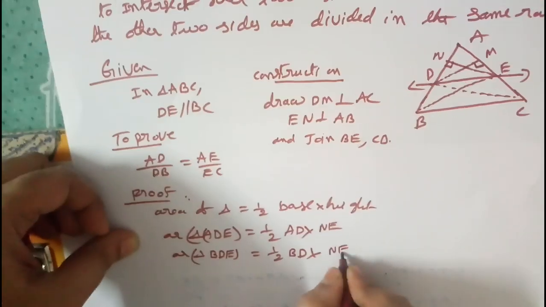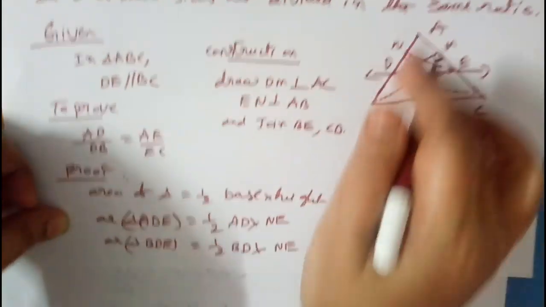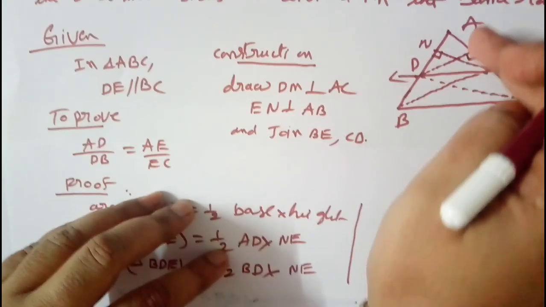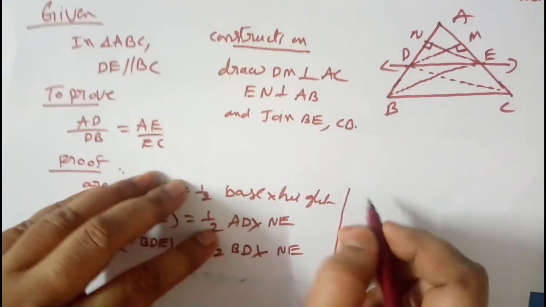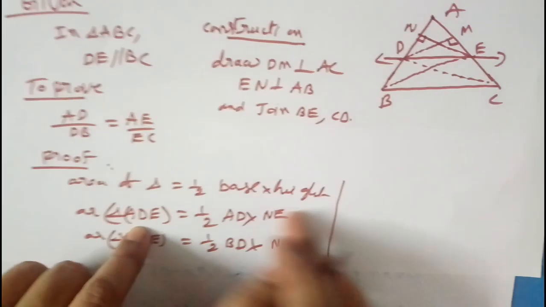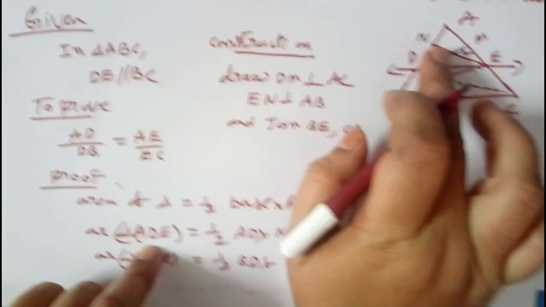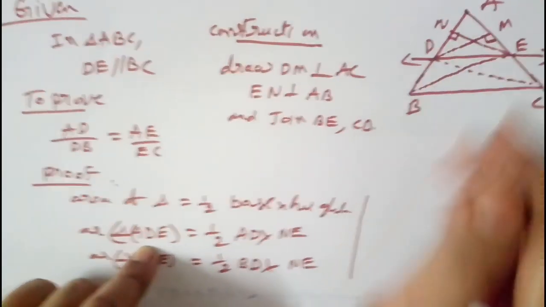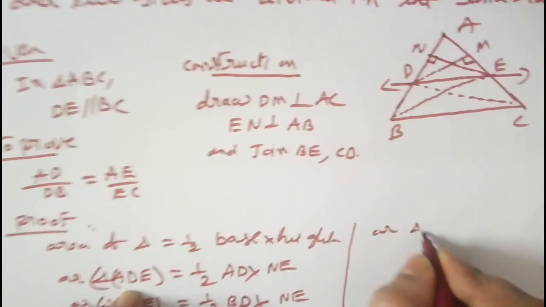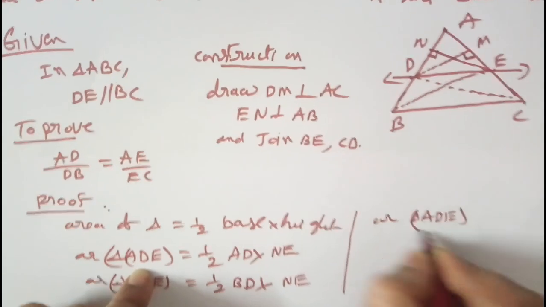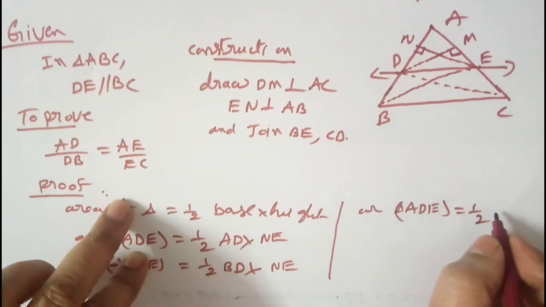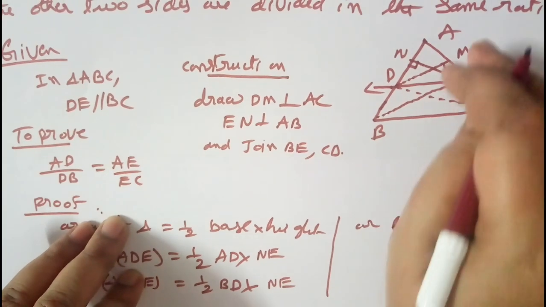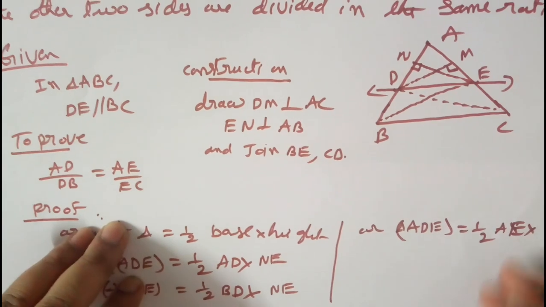NE is the perpendicular. Now if you take AE as the base, then area of triangle ADE is equal to, when AD is the base, EN is the altitude, when AE is the base, DM is the altitude. So area of triangle ADE is equal to half AE is the base into MD is the altitude.